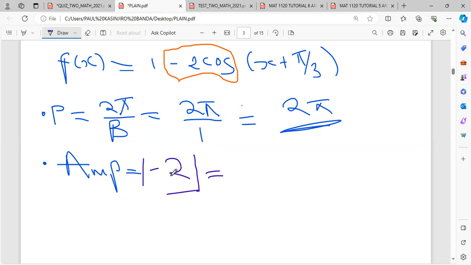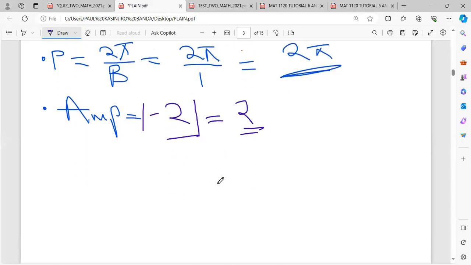You can go either direction, up or down, by that magnitude. That's why we find the modulus, meaning here the amplitude is just 2.